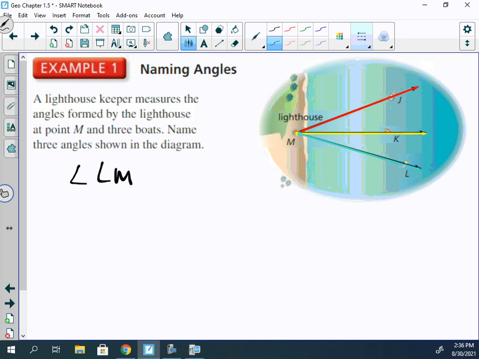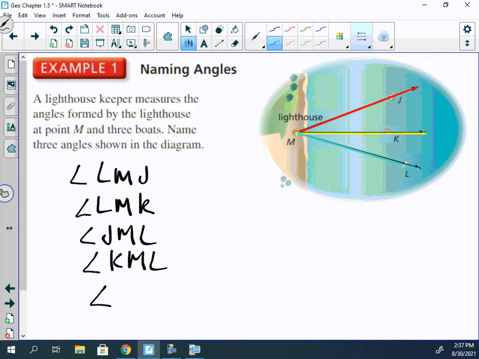L, M, J, yes. Another one. L, M, K. J, M, L. K, M, L. L, K, J? Can't do that, L has to be in the middle.